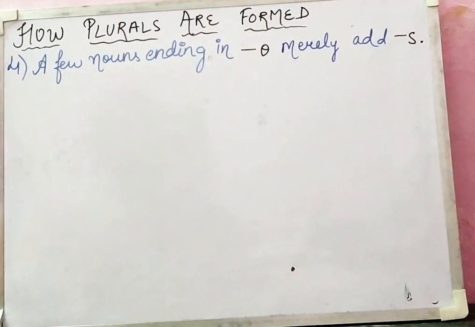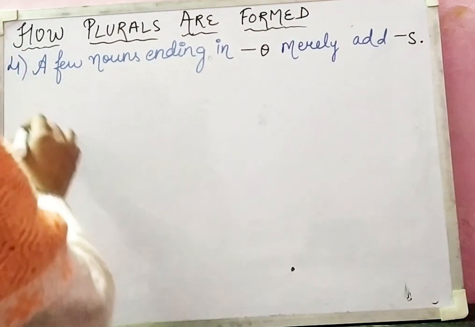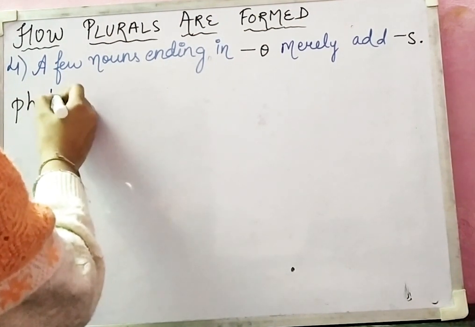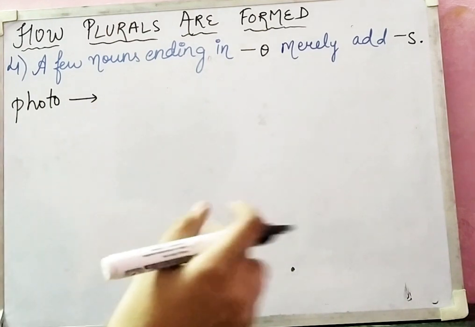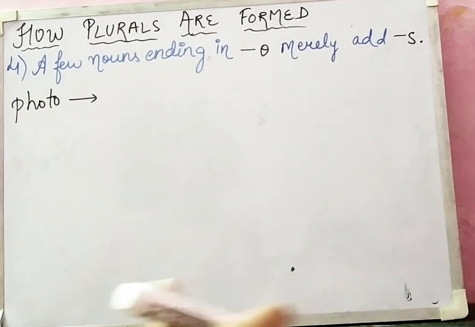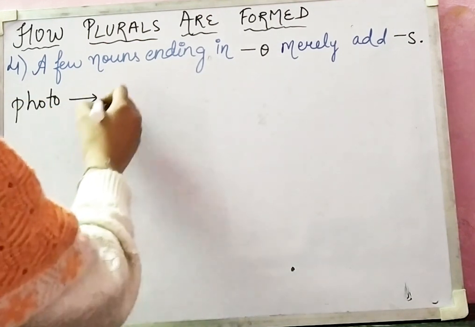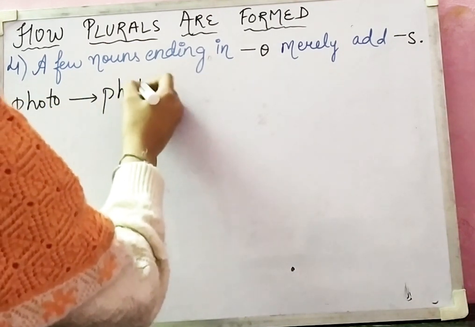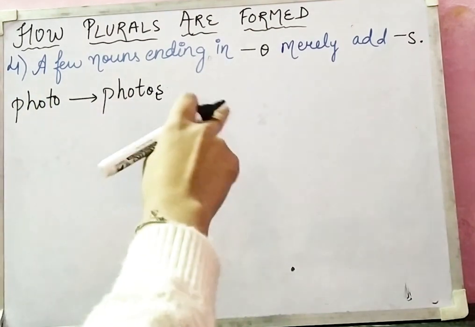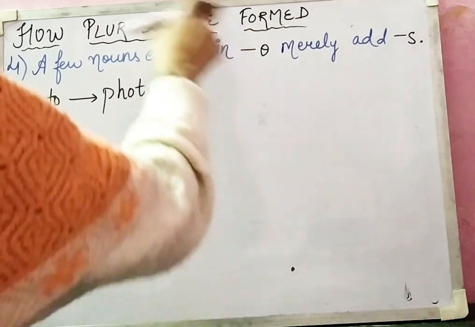So what are the examples? Like photo. You all click photos. If there is one photo, you can say send me that photo, or if there are more photos, then you can say photos. Here the word ends with o only, but we have used s to make it plural.